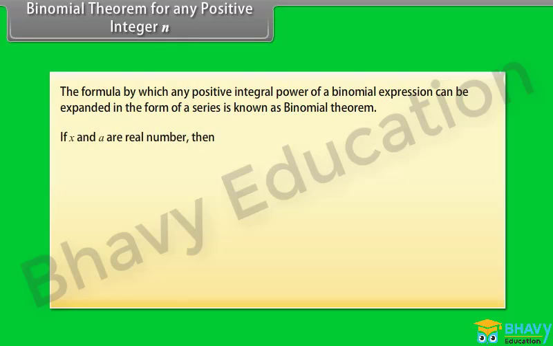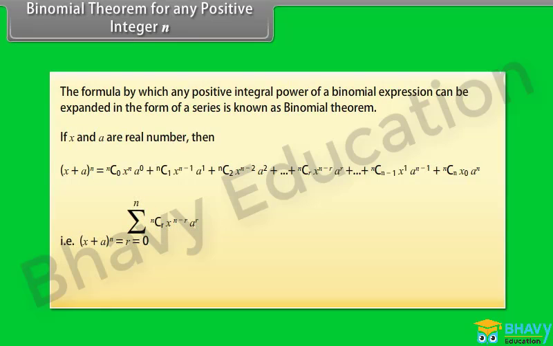If x and a are real numbers, then (x + a)^n is equal to the summation from r = 0 to n of nCr x^(n - r) a^r. The binomial theorem can be proved by induction.